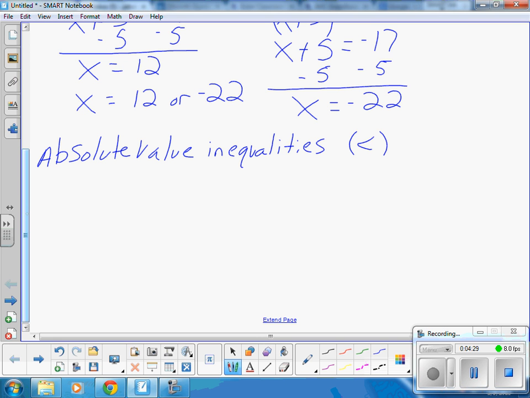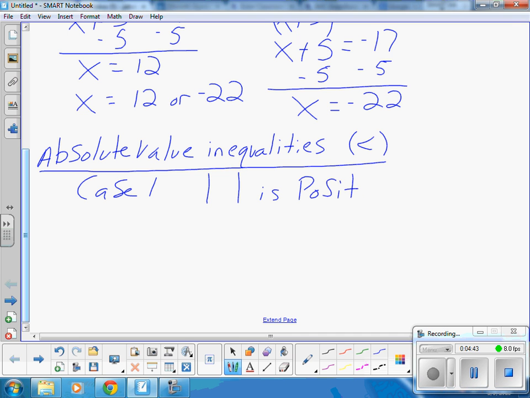In this situation, you have the two cases to consider. You still have case one when the absolute value is positive, and case two when the absolute value is negative.